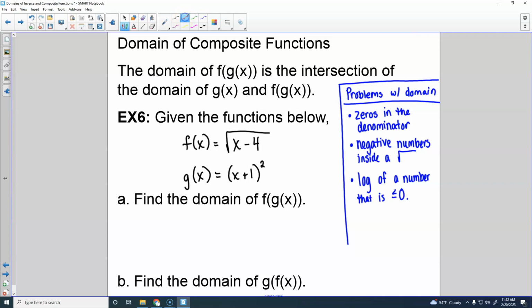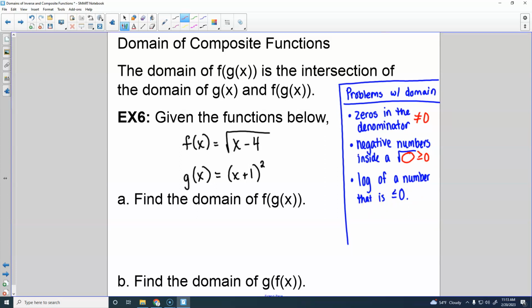So for your denominator, whatever you have cannot equal 0. For square roots, whatever is on the inside right here has to be less than or equal to 0. I'm sorry, greater than or equal to 0. Let me fix that. Greater than or equal to 0 because you have to have a positive or 0 inside of your square root.